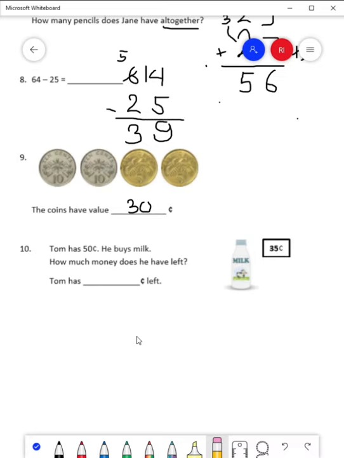Let's read. Tom has 50 cents. He buys milk. How much money does he have left? Tom has blah blah blah cents left. So it is actually a subtraction question because Tom actually buys something and the money also changes, becoming smaller.